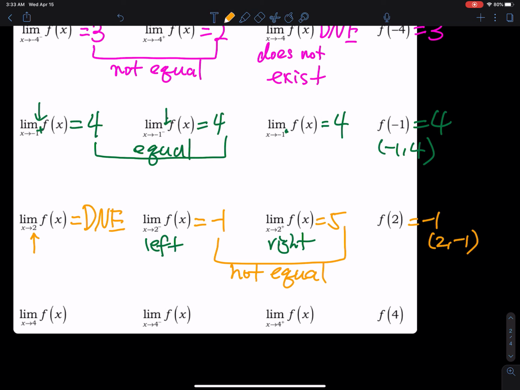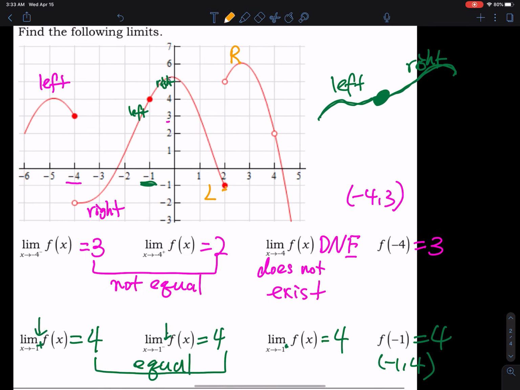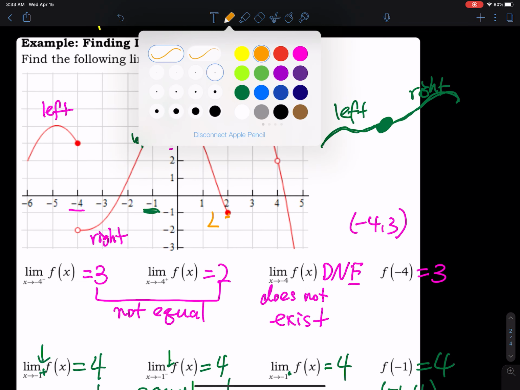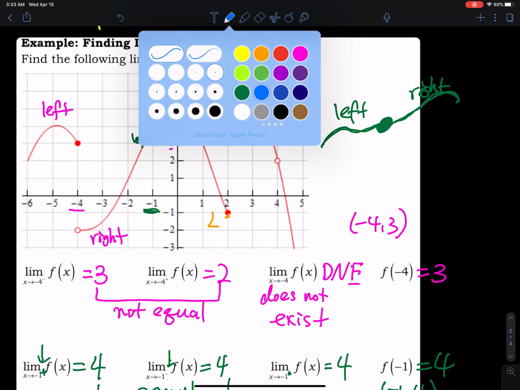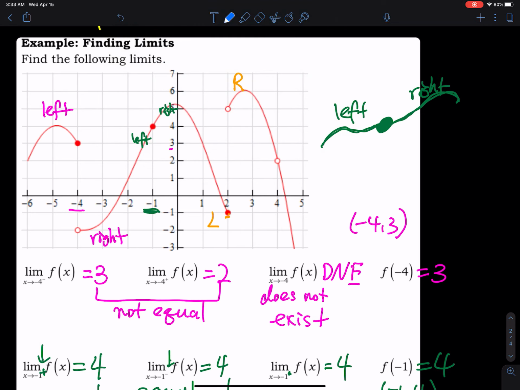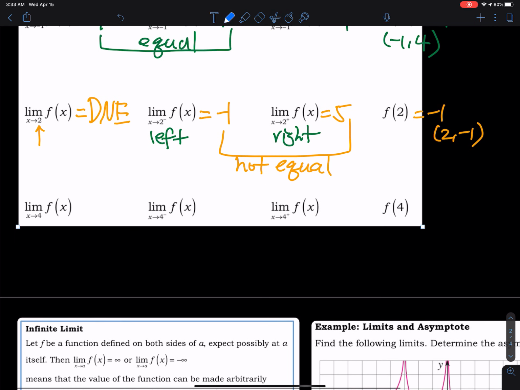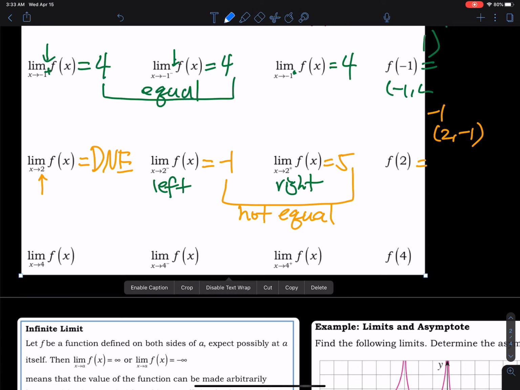And then the next one, we have a 4. Let's look at the 4. Right here, we have a left side and a right side. They are both at y equal to 2.